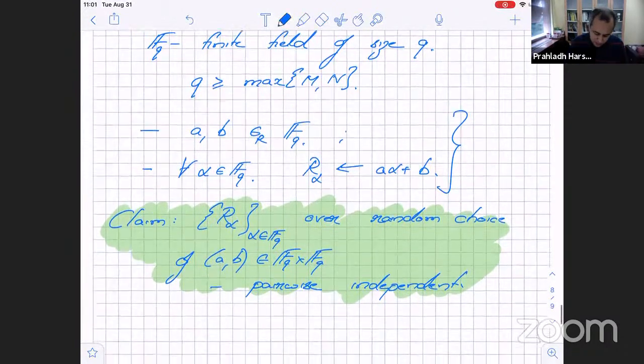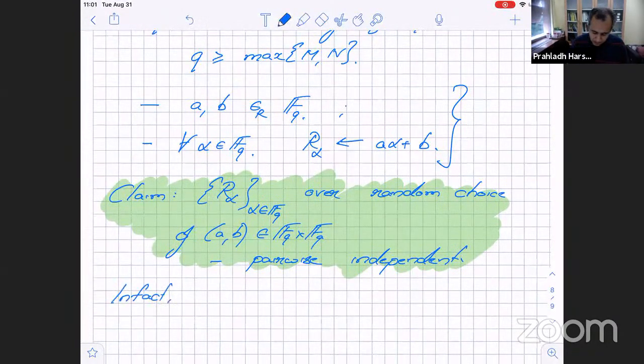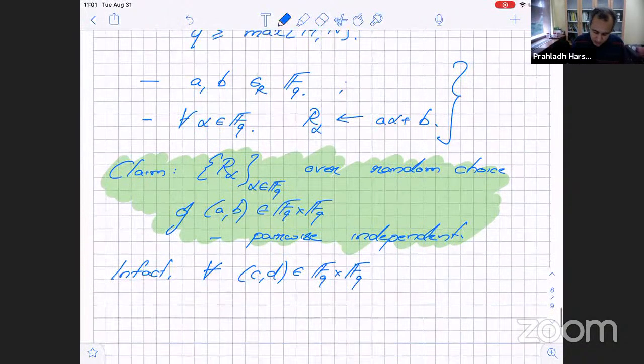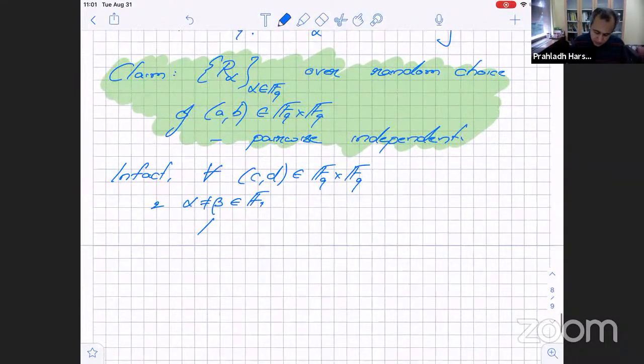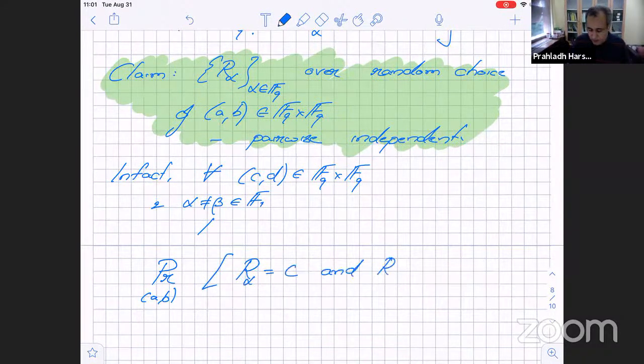In fact, for all C, D in F_Q cross F_Q and alpha not equal to beta in F_Q, the probability over the random choice of AB that R alpha equals C and R beta equals D is exactly 1 over the size of the field squared.